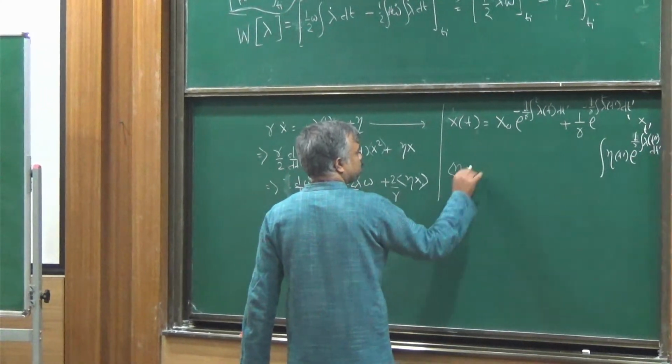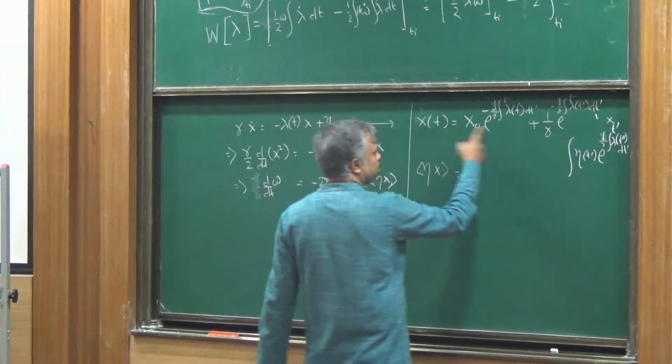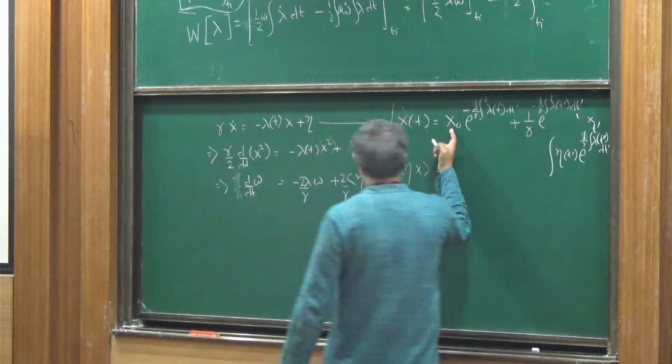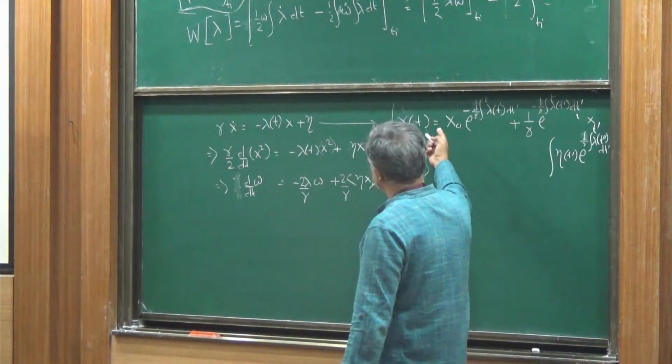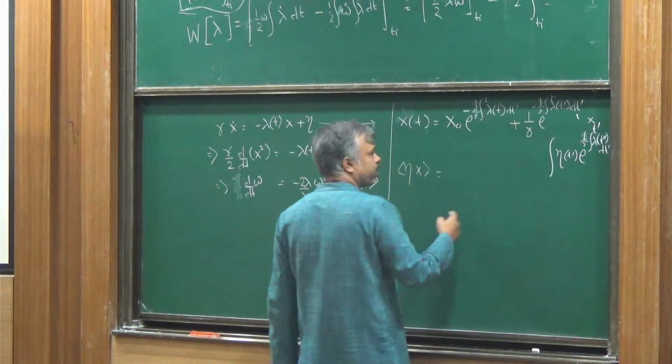So then x average is, this x naught is the initial condition, so independent of eta.